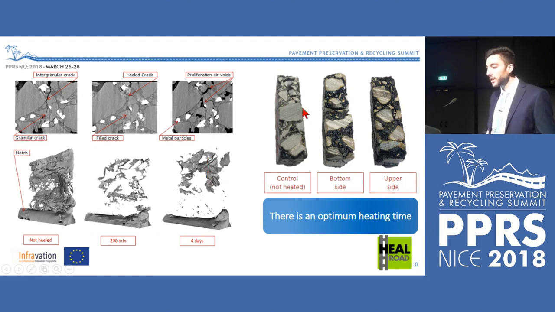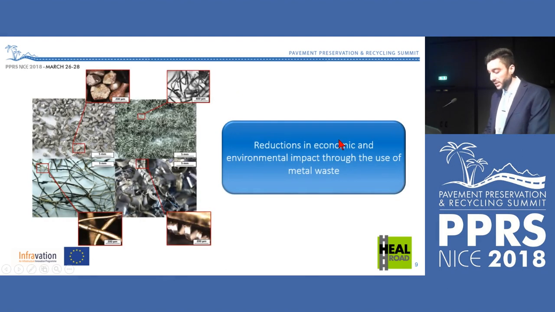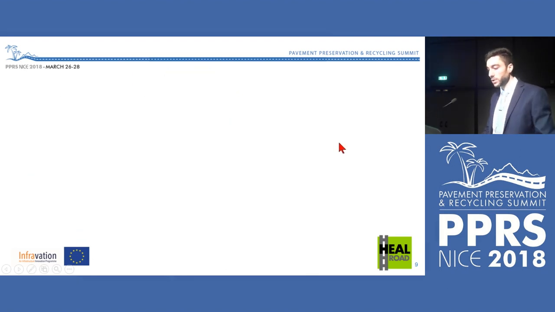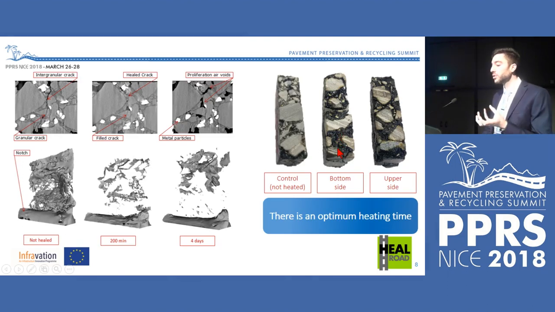We can also see how the sample looks when it's new, and after overheating it, this is the bottom side of the sample. You can see how the bottom looks very wet, very rich in bitumen, while the top side looks very dry. You can see even new cracks have happened here.